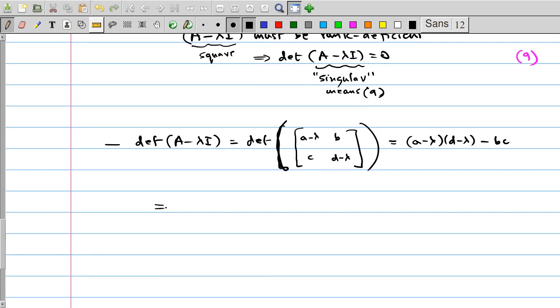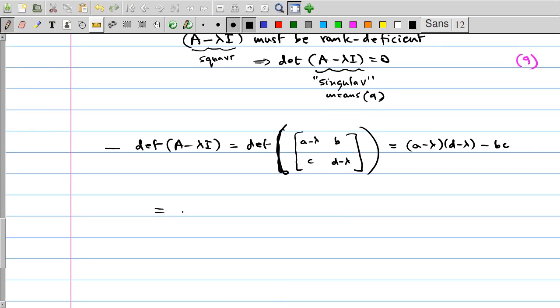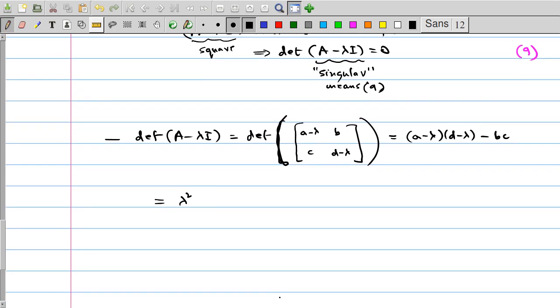That we can now write down as lambda squared minus something times lambda, and that something is a plus d, plus ad minus bc.